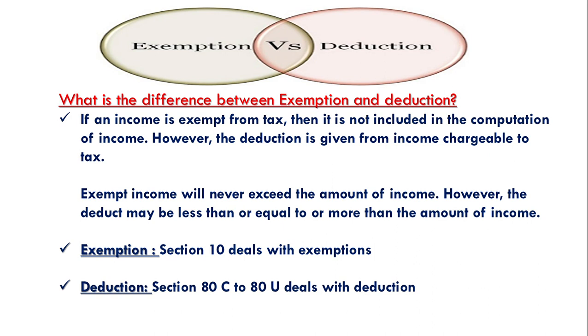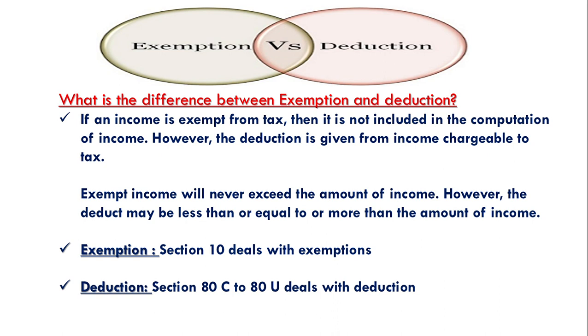Like, any income, if it is not included in the salary or income, can be considered exempt. Exempt income will never exceed the amount of the income. It is obvious that it shouldn't exceed the amount of the income.